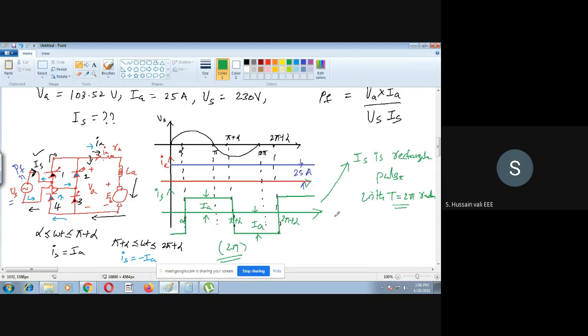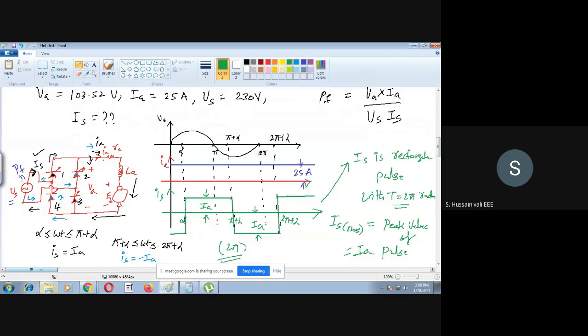The RMS value of IS is equal to the peak value of the pulse. You can find the RMS value of this pulse for the time period 2 pi, and you will see the RMS value is exactly the same as the peak of this pulse. What is the peak of this pulse? That is nothing but IA.